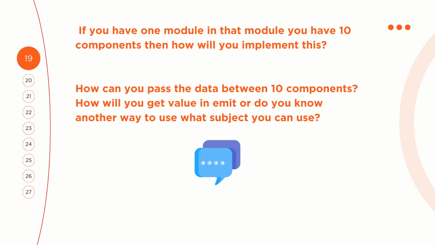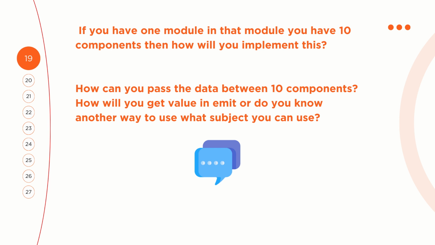Then I inject that utility service and, using the service reference, like service.emitter.get.value, I can get the value. I performed that in one of my use cases while creating a sample app project.